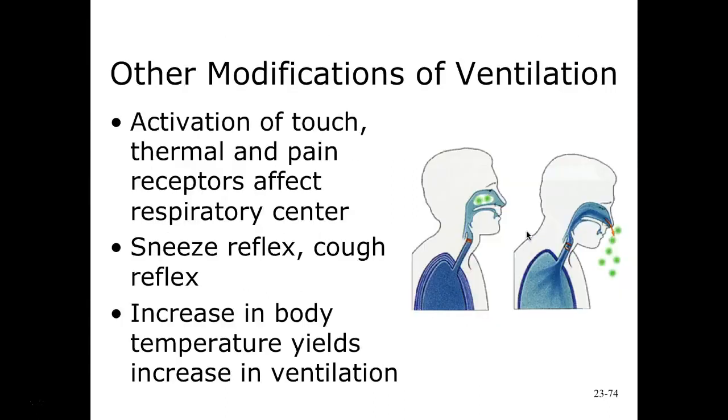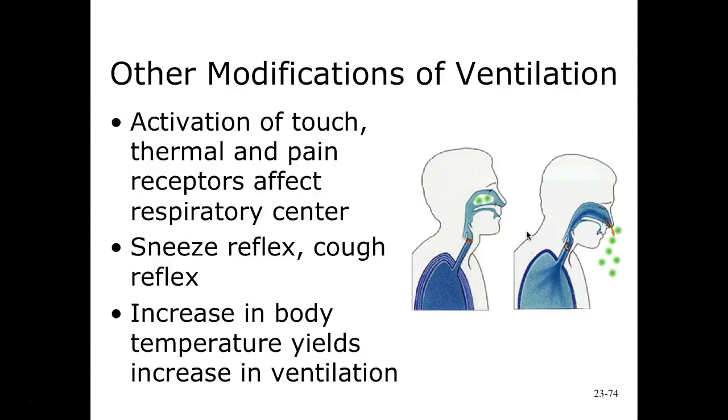Other ventilation modifications are going to be when we have irritants within our nasal cavity. We can have the sneeze reflex take place. If we have irritants within our lungs, we can have the cough reflex take place. And then we also have an increase in our body temperature that will increase ventilation.